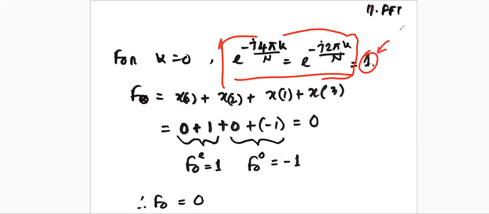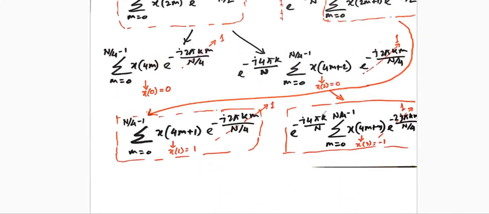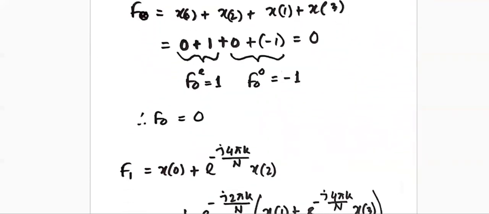That is only true for k equal to 0. For any value of k, they are equal. So in the previous equation, this term can also be replaced with e to the power minus j twice pi k divided by n, because 4 pi and 2 pi actually give you the same value.